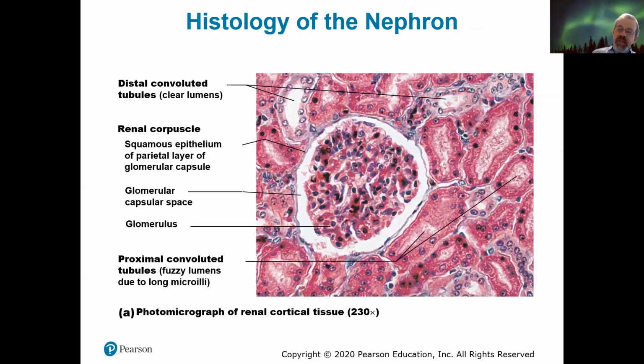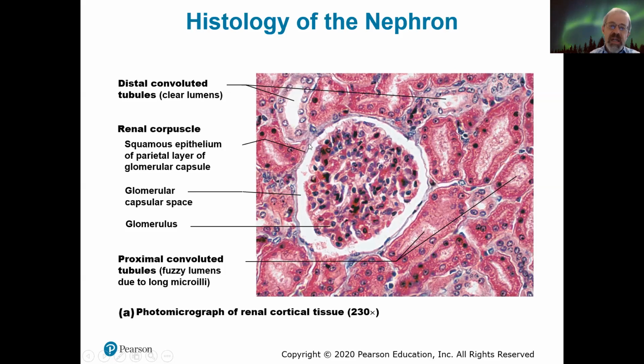All right, so this is a photomicrograph of a nephron, or at least part of it. It's maybe hard to navigate, but what we're looking at right here is the glomerulus, a collection of a coiled capillary bed.